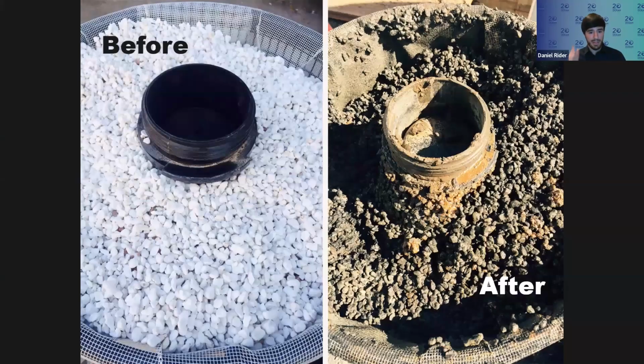In terms of seeing what it looks like before and after it's absorbed and dealt with a lot of pollutants, you can see it very white, very clean, but then after it's treated stormwater for a few years, it does become this dark, smelly material that needs to be replaced so that we can continue the treatment of the stormwater there.